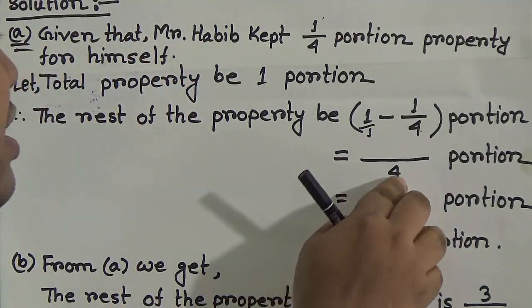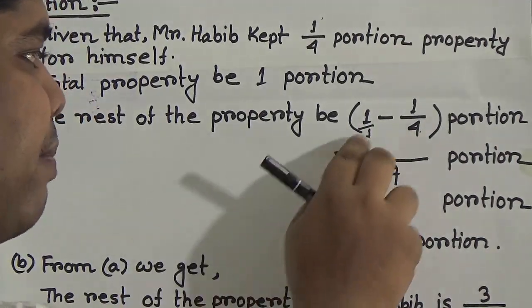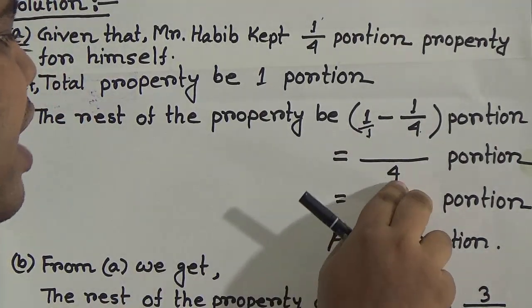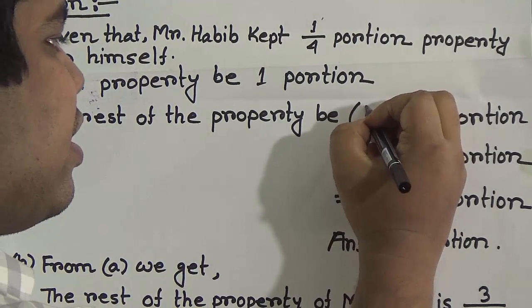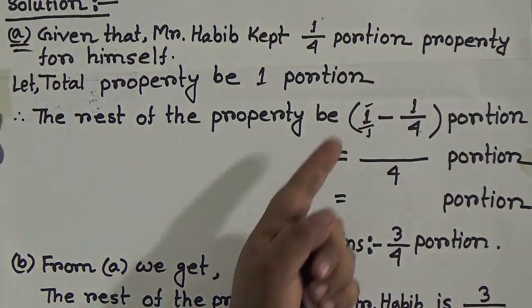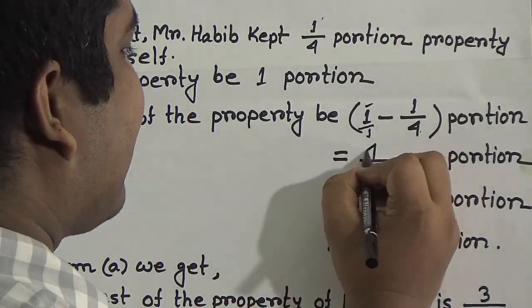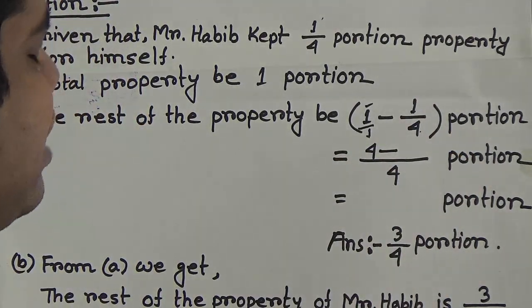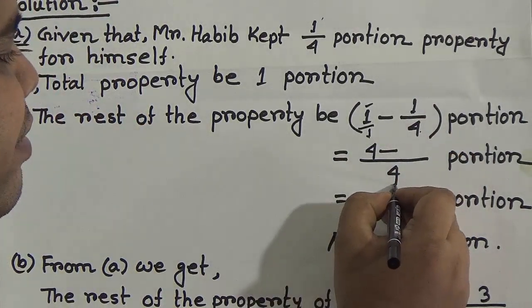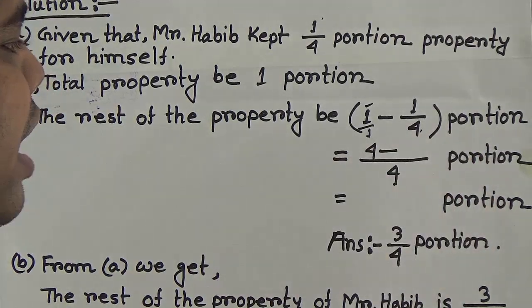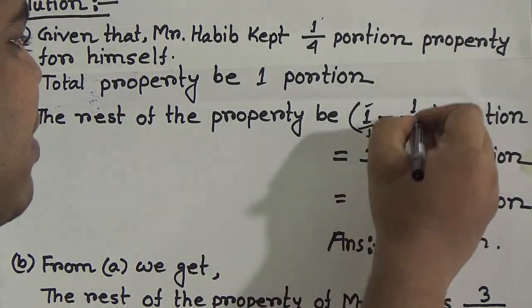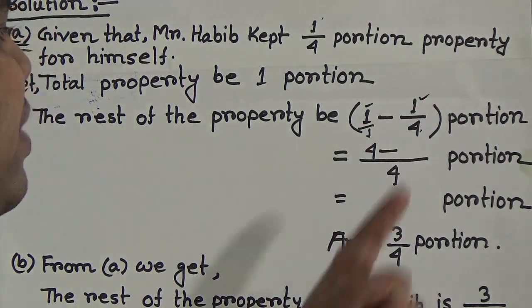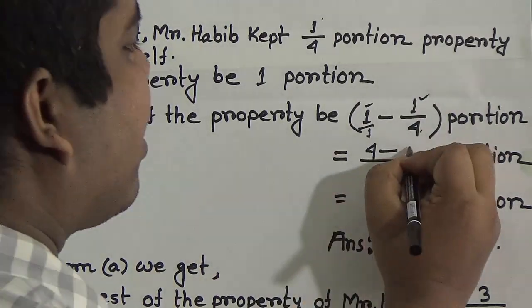Now we divide this 4 by this denominator, that means 1, and we get 4. And this 4 is multiplied with the numerator, that means 4 on the 4, and the minus sign is here. Now we divide the LCM, that means 4, by this 4, and we get 1. 1 is multiplied with this numerator, that means 1 on the 1.